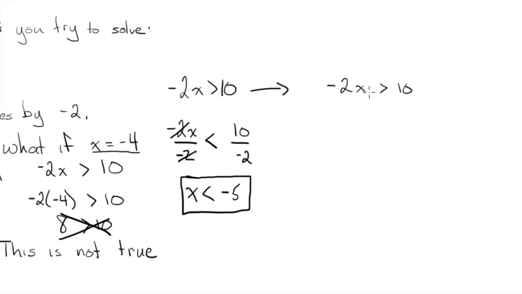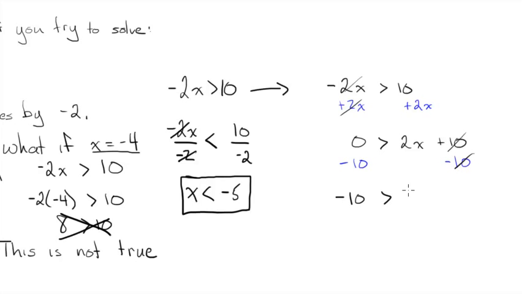But if you don't want to, what I could do is add 2x to both sides, which we're allowed to do. So then these sides would reduce. I'd have 0 bigger than 2x plus 10. Then I could subtract 10 from both sides, which would give me 0 minus 10 is negative 10.